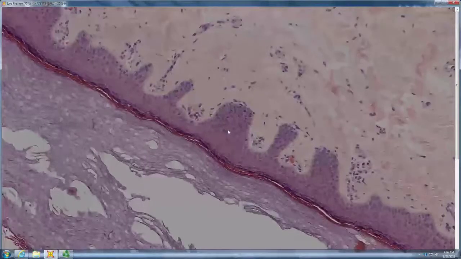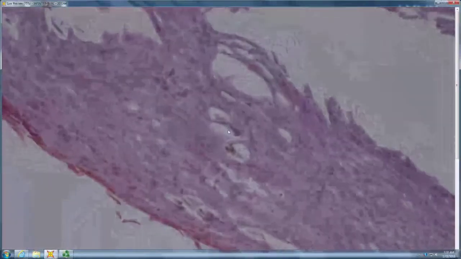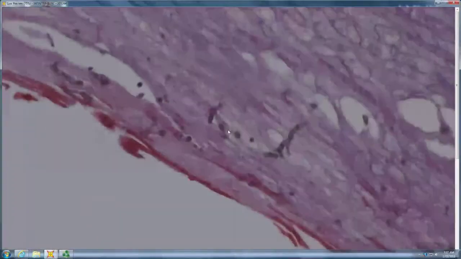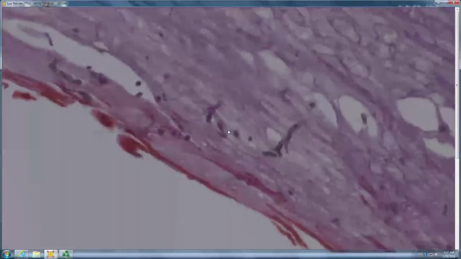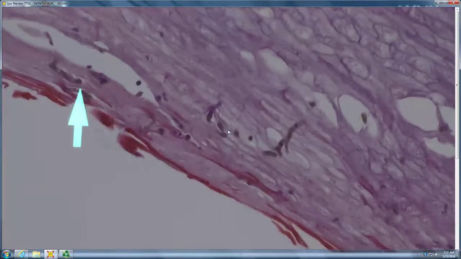So, looks like we have some hyperkeratosis. And then I think I can see some organisms in there. They're running north-south, which is often a clue to Candida. What color is Candida?